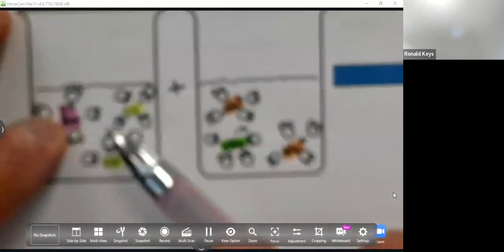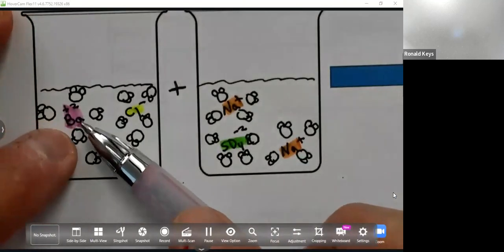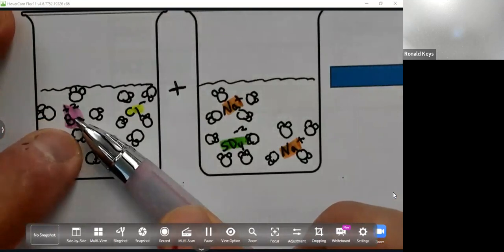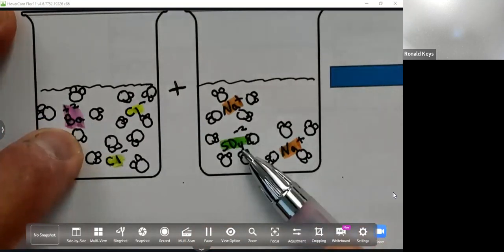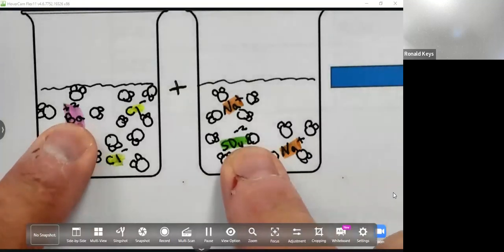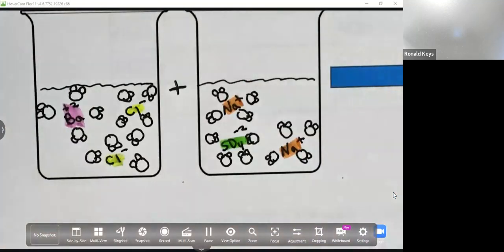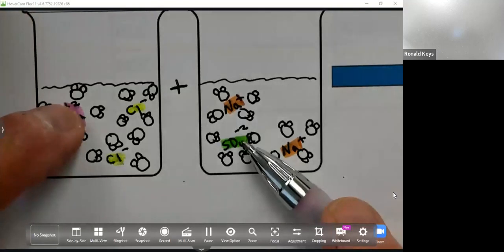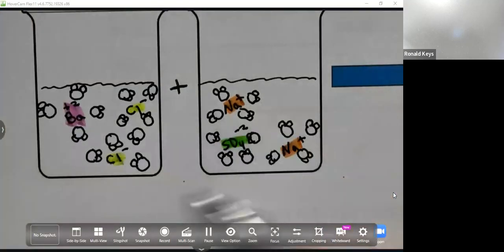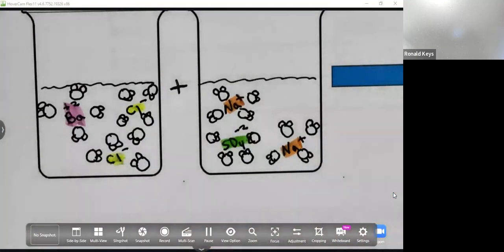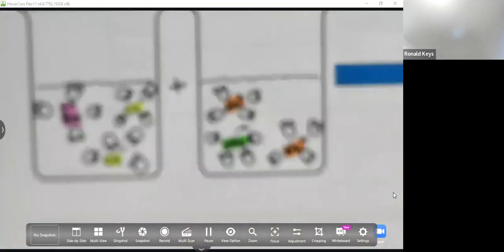If the attractive force between the positive barium in this beaker and the negative sulfate in this beaker is really, really strong, they are going to come together, form a solid, and drop to the bottom. If the attractive force is not strong enough, water is going to keep them suspended together. They can't come apart, no solid.